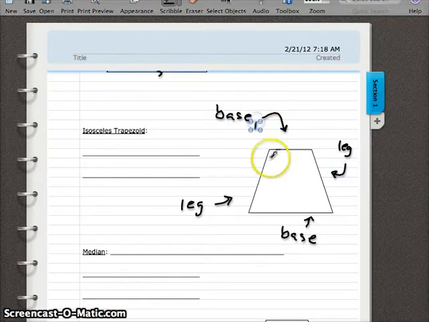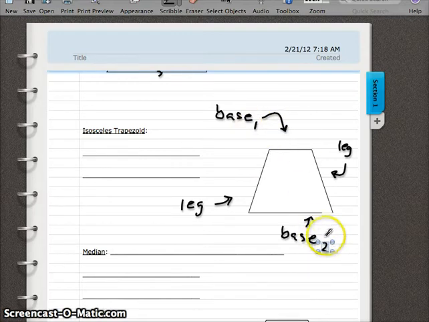We'll call this one base 1, so it gets a little 1 as a subscript. This one's called base 2. It doesn't matter which is which, it's just whatever you want to call each of them. Likewise with the legs. One of them is called leg 1, the other has to be leg 2. Just ways that we tell the difference between the two similar parts.